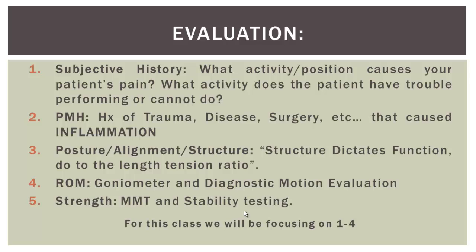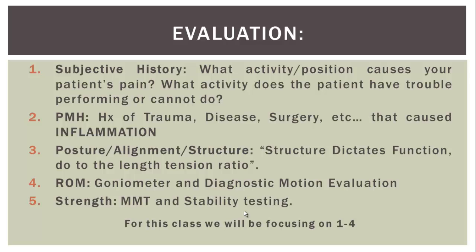We'll do goniometric measurements, and this is where diagnostic motion evaluation will come in, assessing not only the measurement of range of motion, but the quality of the range of motion to be achieved by a patient. What we will often see, particularly in people with disease or dysfunction, is that they will compensate for a lack of motion by utilizing a different area of their body to compensate for that motion.